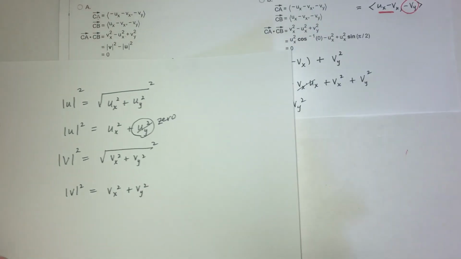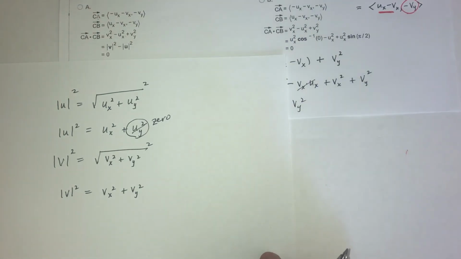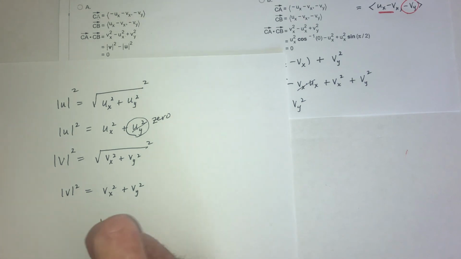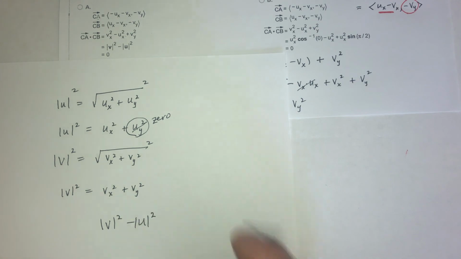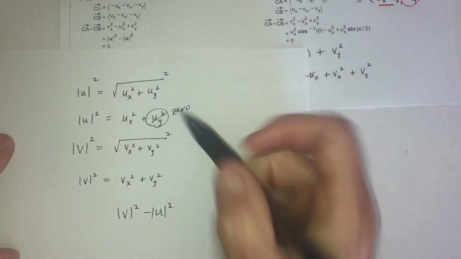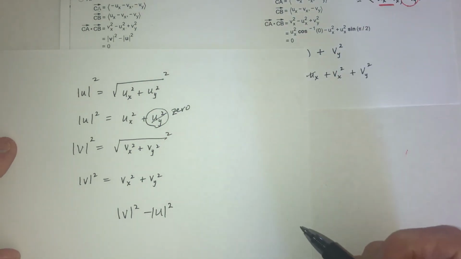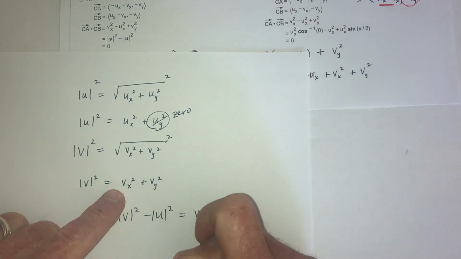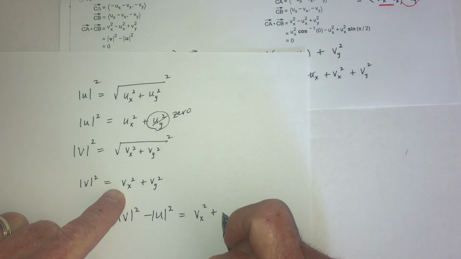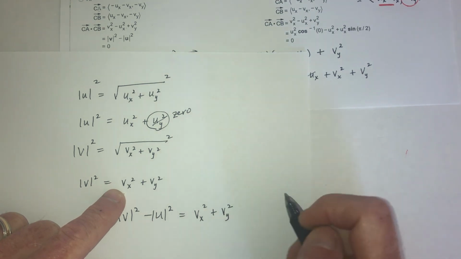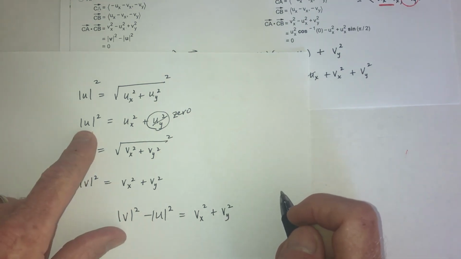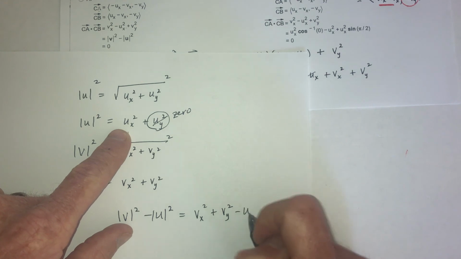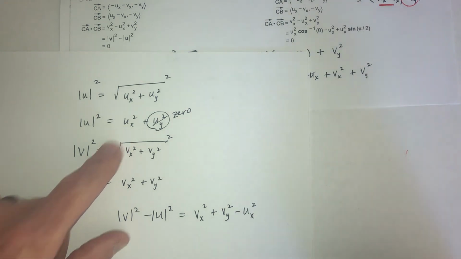So then, if you find out what is the length of v squared minus the length of u squared. So I'm trying to match up this and see if it makes sense. So that would be this one, equals Vx squared plus Vy squared. And then minus the length of u squared, so that would be minus ux squared.